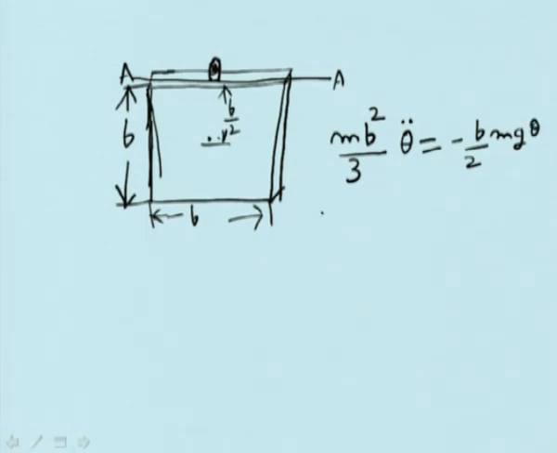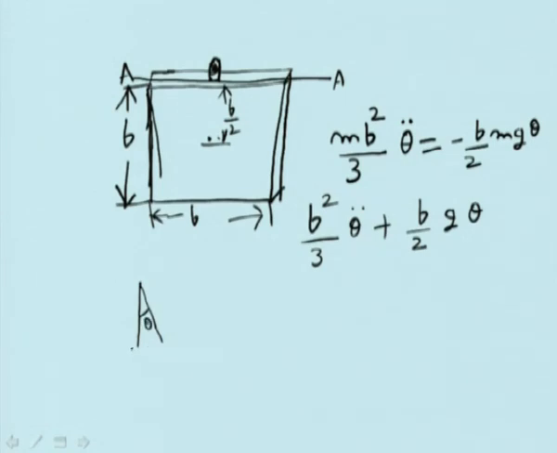Therefore, this becomes mb square by 3 theta double dot plus b by 2 mg theta equal to 0, where mg theta into b by 2 is the torque. If I make this side view, it is like this, it gets displaced by theta.